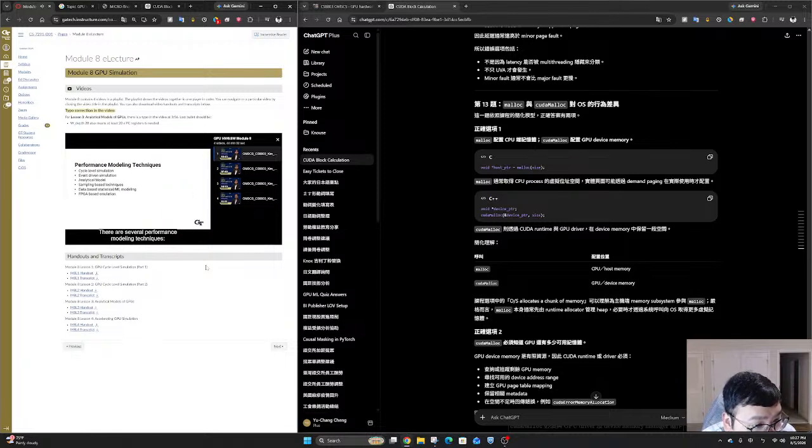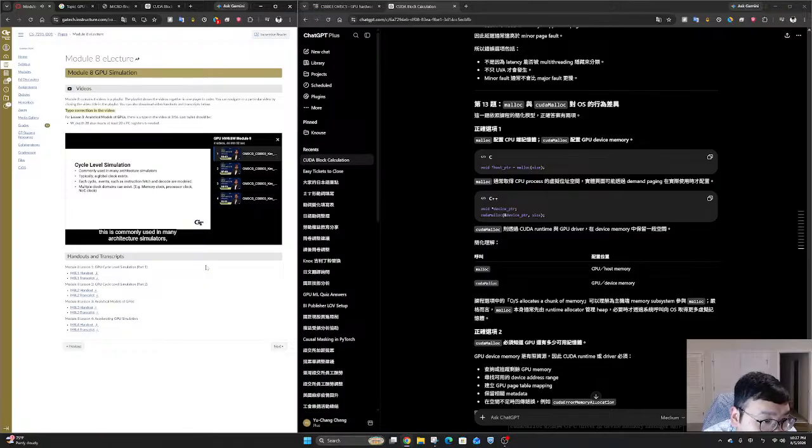There are several performance modeling techniques: cycle-level simulation, event-driven simulation, analytical model, sampling-based techniques, database statistical and ML modeling, and FPGA-based emulation. We'll provide a brief introduction of these techniques. First, cycle-level simulation.